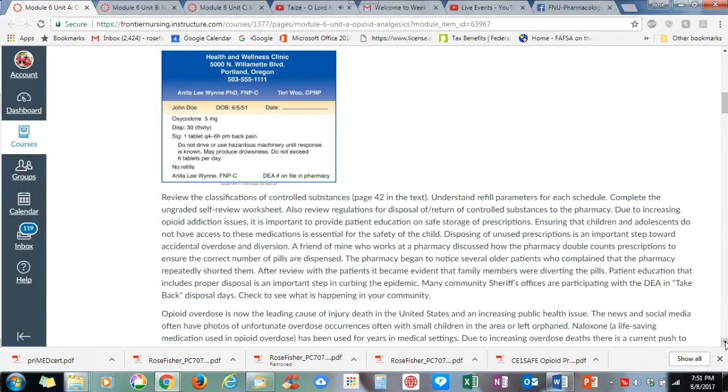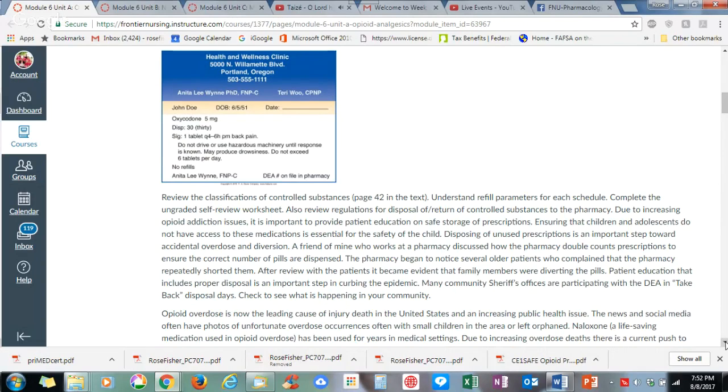The SIG, 1 tablet Q 4 to 6 hours PM, PRN, back pain. Do not drive or use hazardous machinery until response is known. May cause drowsiness. Do not exceed 6 tablets per day. No refills. And then prescriber name, title, and DEA number on file in pharmacy.